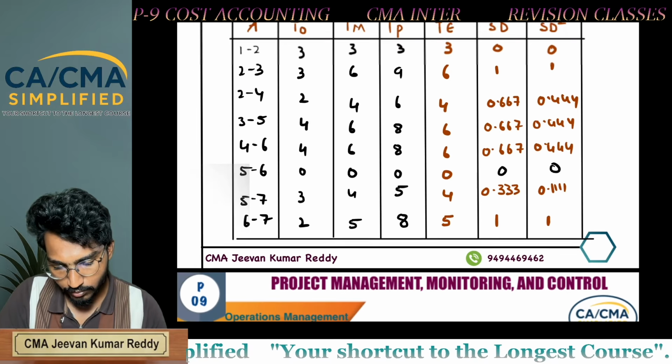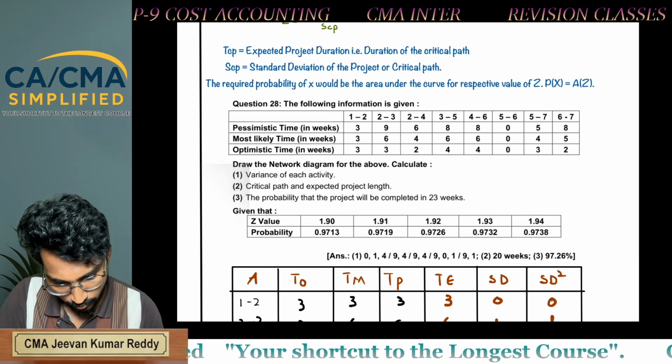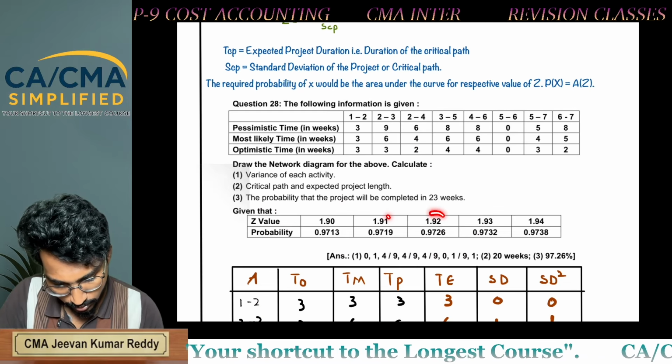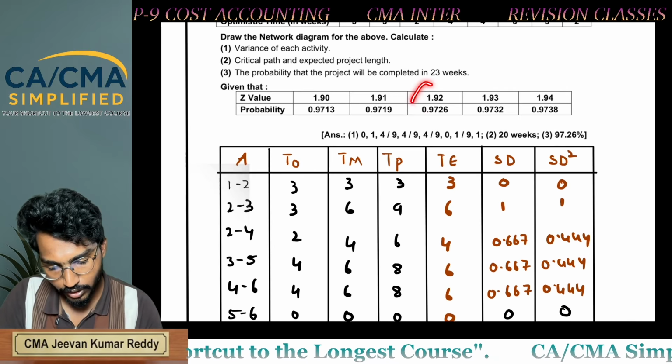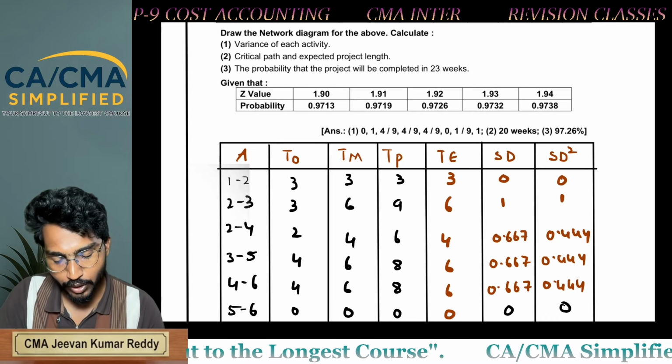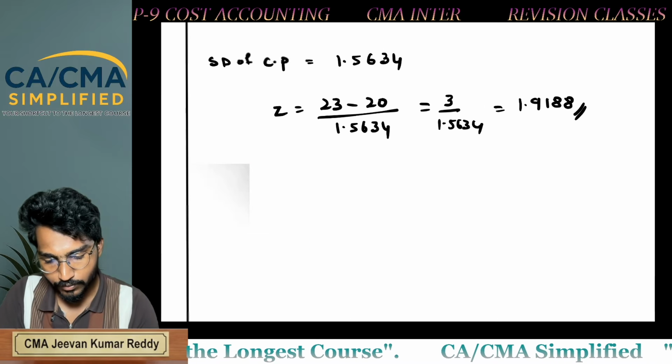So for 1.9188, take it as 1.92. For 1.92, what is the probability? 0.9726.